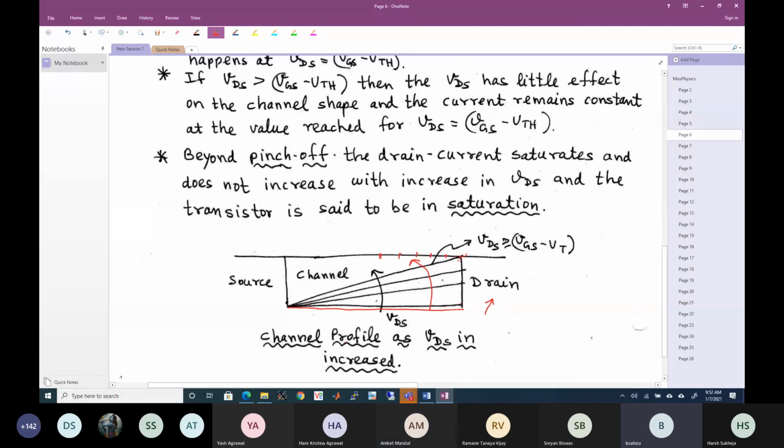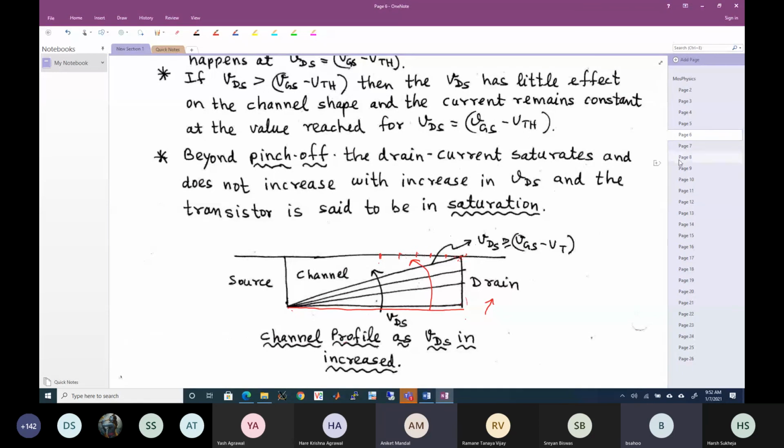That is called channel length modulation. The drawn length is the distance between the source and drain, but after pinch off, as we keep increasing the drain voltage, the pinch off point keeps moving closer to the source, and therefore the electrical length of the channel keeps on reducing.